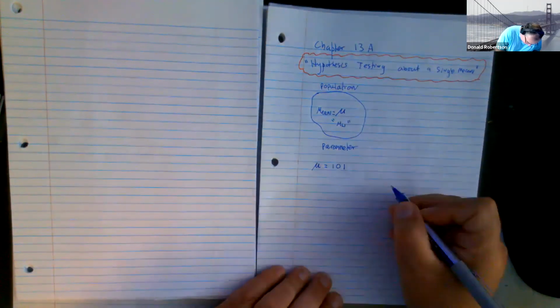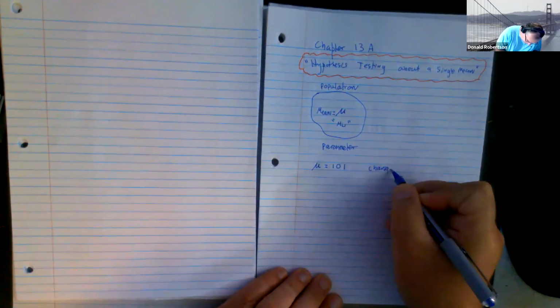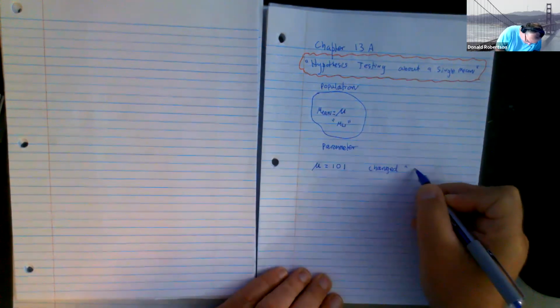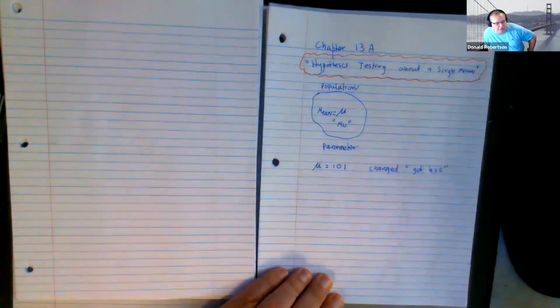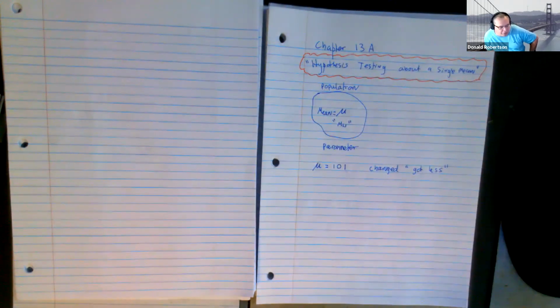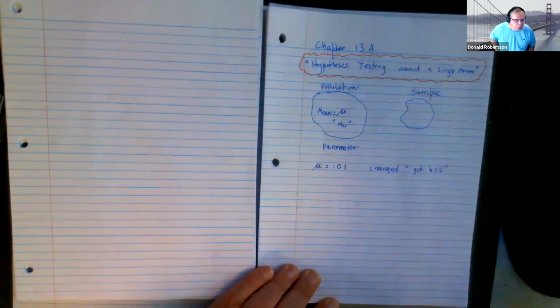But we now believe that it's changed. And we think it's got less. So although all that drinking they've been doing over the last couple of decades has dumbed down the Scottish population, and we think it is less. So how do we prove it? Well, don't we find a sample?